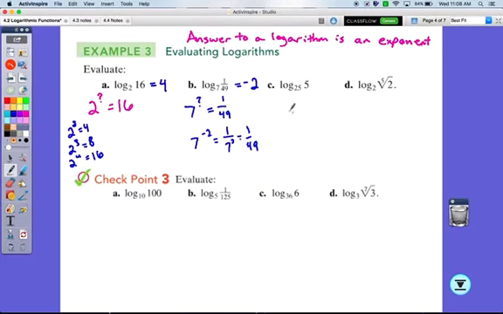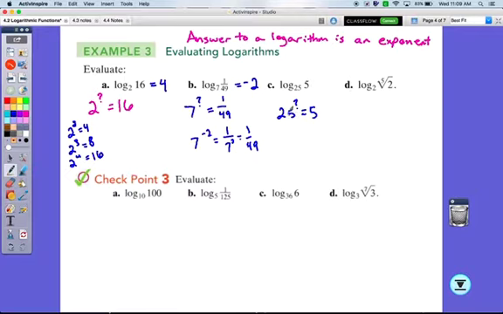All right, for C, a little tricky here. We have 25 to what power is equal to 5? Here the number inside the argument is smaller than the base. If it was the opposite, if 5 was the base and 25 was the argument, I know 5 squared is equal to 25, but it's backwards.